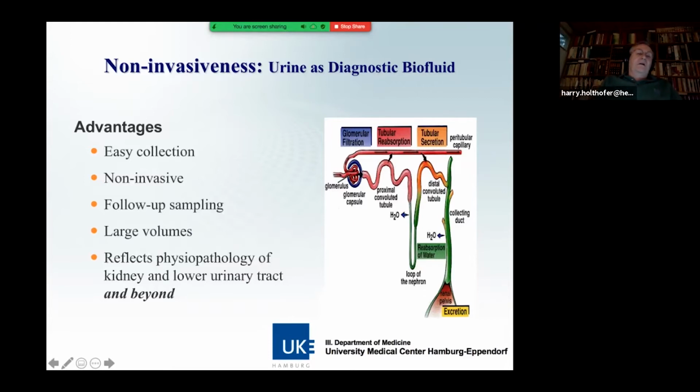And of course, the obvious advantages are the easiness of collection. It's completely non-invasive. Follow-up sampling is possible, and large volumes are possible to collect as well.